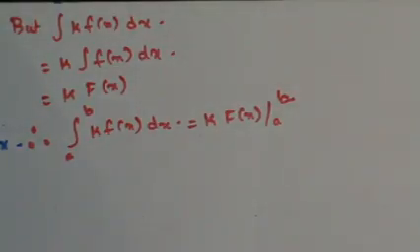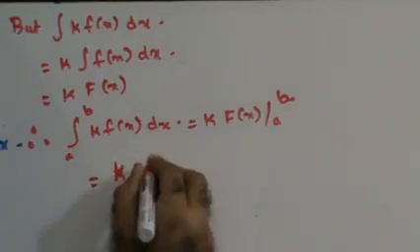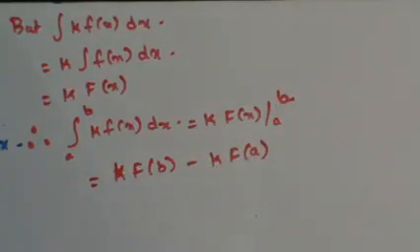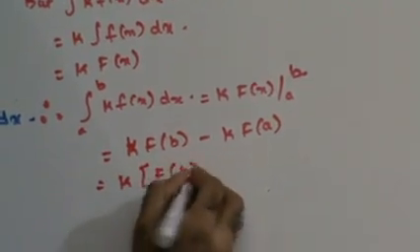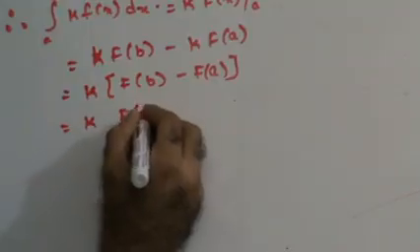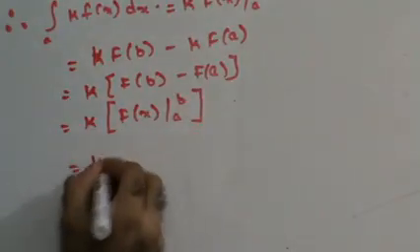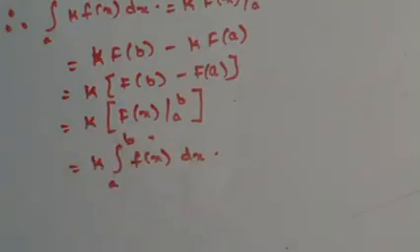So in that case, this is going to be nothing but k times F of b minus k times F of a. This is upper limit minus lower limit, right? So I could take k common, so this will be F of b minus F of a, which is nothing but k outside F of x when the limits are from a to b, which is nothing but k times the integral of f of x with respect to x when the limits are from a to b.